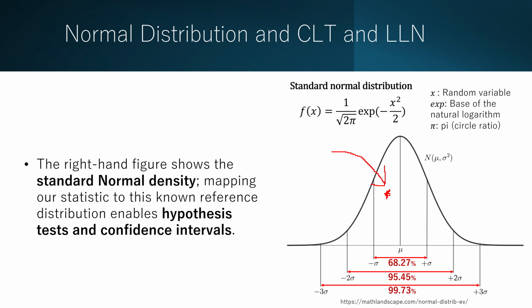We can use the normal table to calculate p-values and confidence intervals. If our sample is here, then this is not within the 99%.